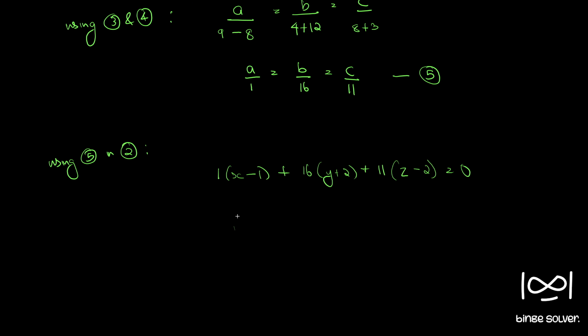Or on solving we have x + 16y + 11z, minus 1, minus 1 plus 16 into 2, 32, plus 32 minus 22 equal to 0.